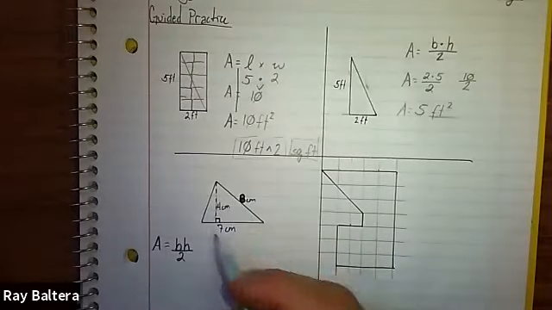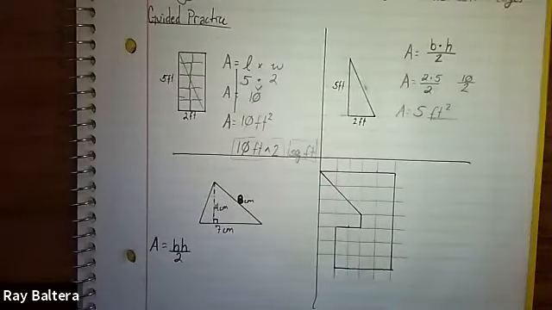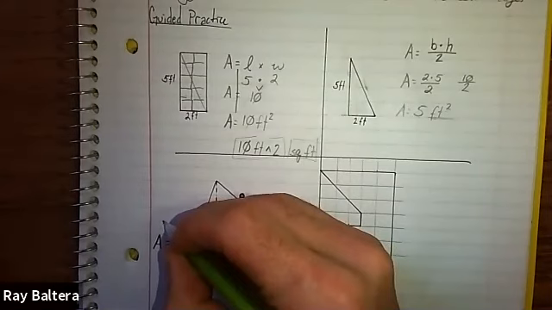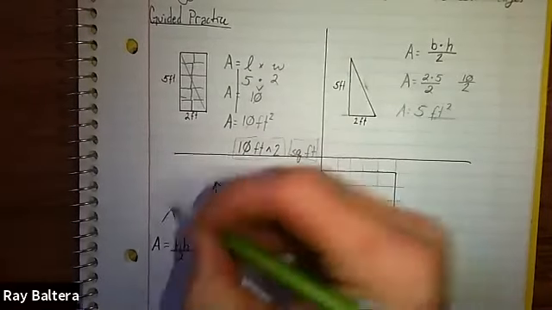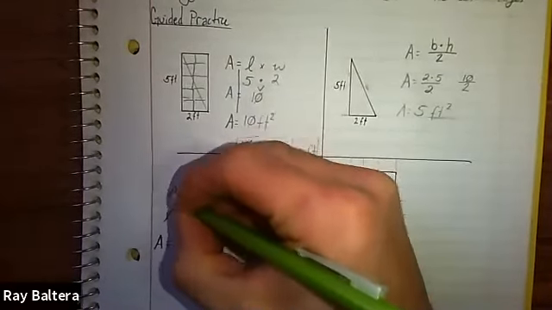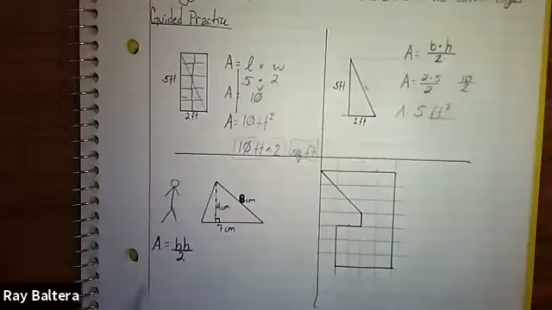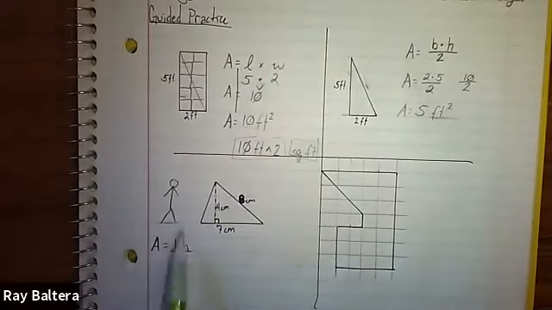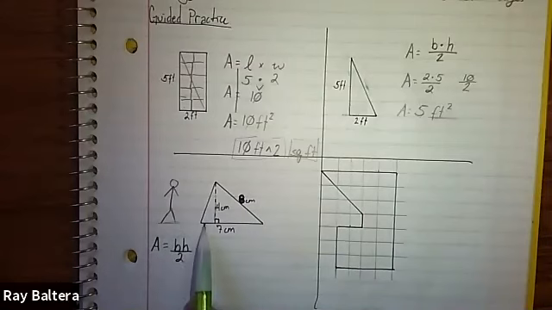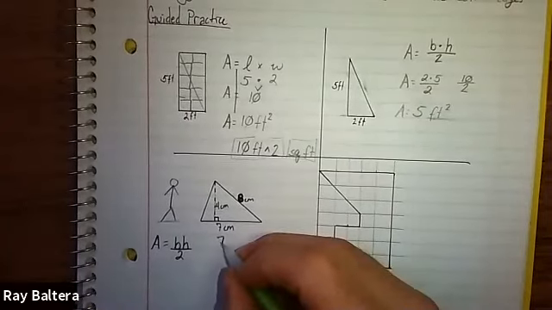Emily, what is the base of this triangle? If you were to draw a person as tall as this triangle, the base is whatever the person is standing on. So the base is here. That means the base is what? 7. So I have a base of 7.